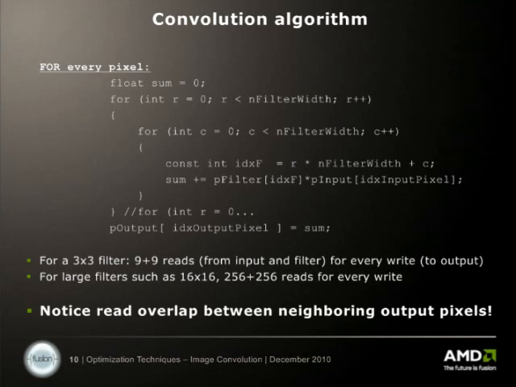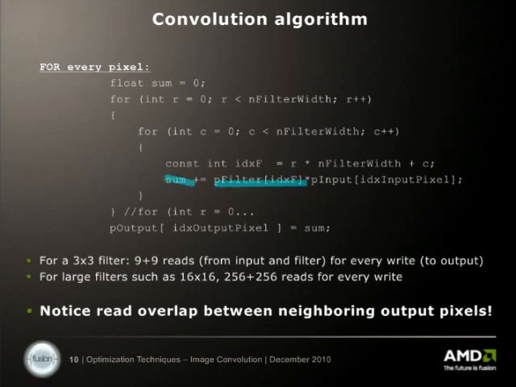Okay, moving on. For every pixel, it is basically a nested for loop. If I have a 3 by 3 mask, we go over all the 3 rows and all the 3 columns.